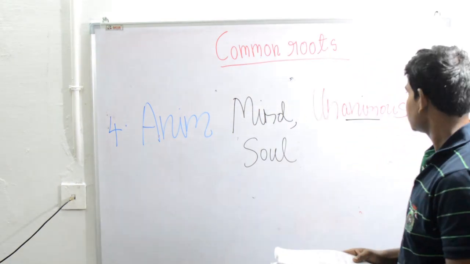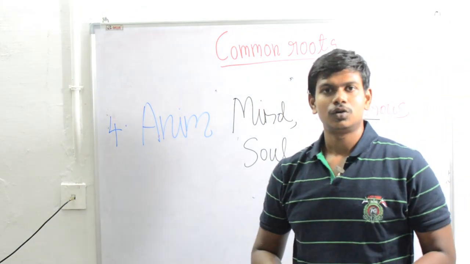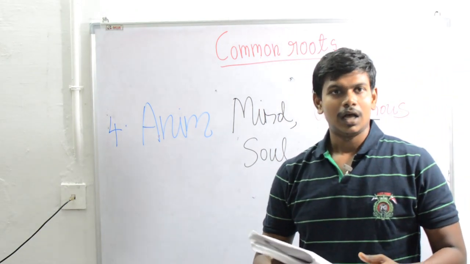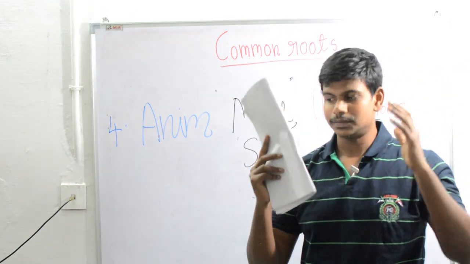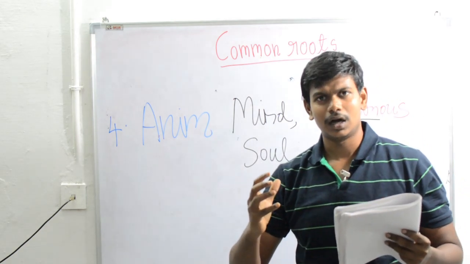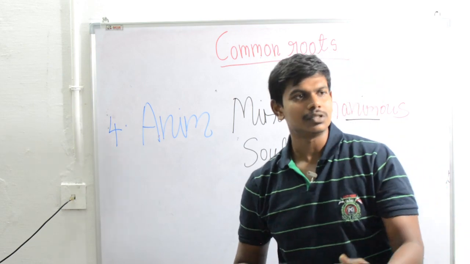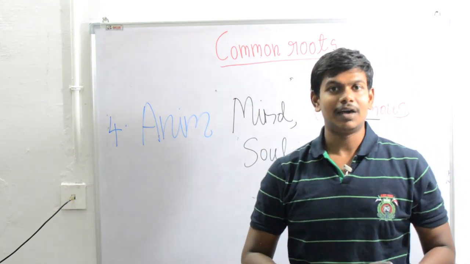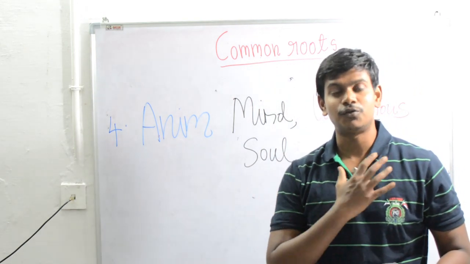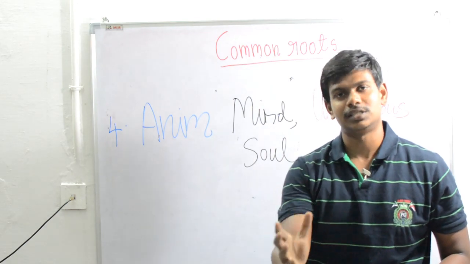One example is unanimous. Unanimous means a collective decision or a common agreement, of the same mind. When they say unanimous, they mean everybody accepts a particular decision with one mind.